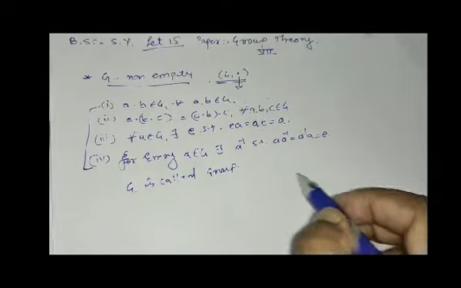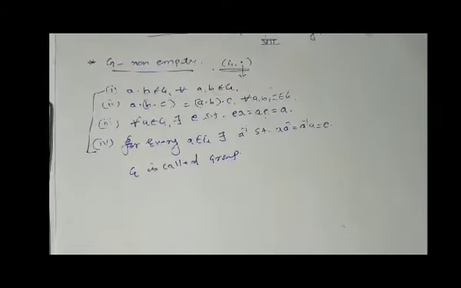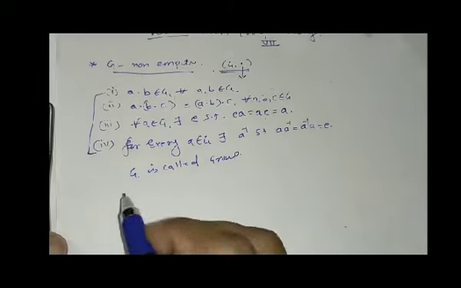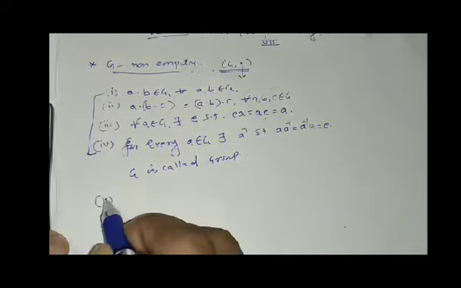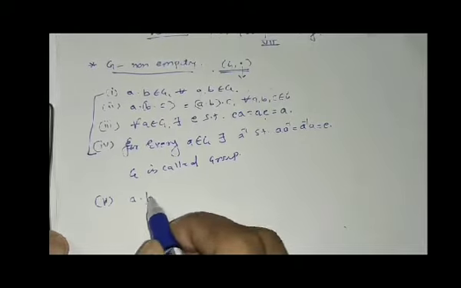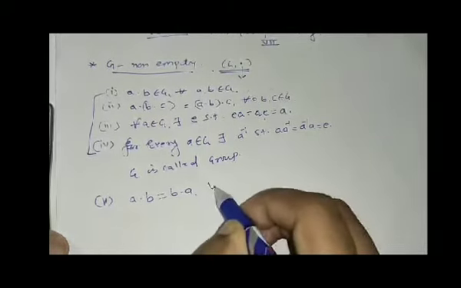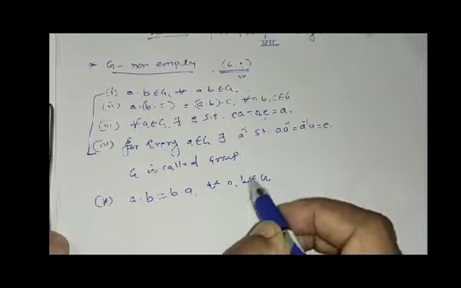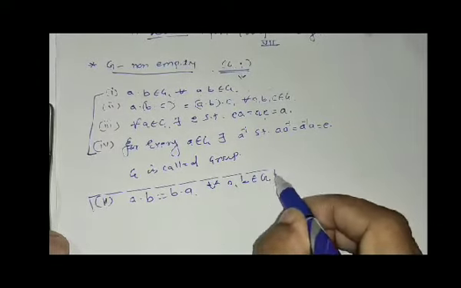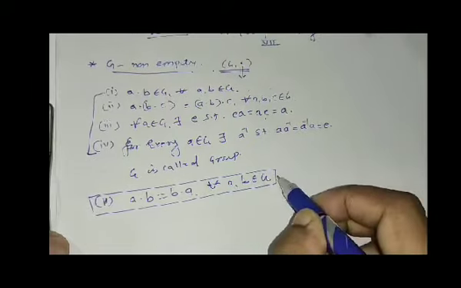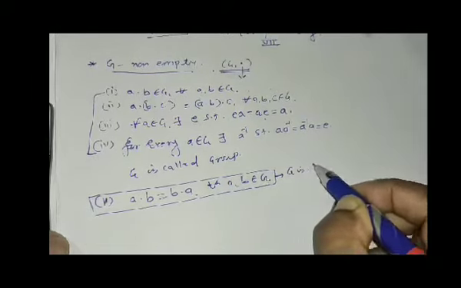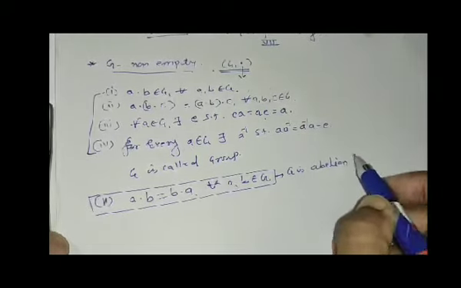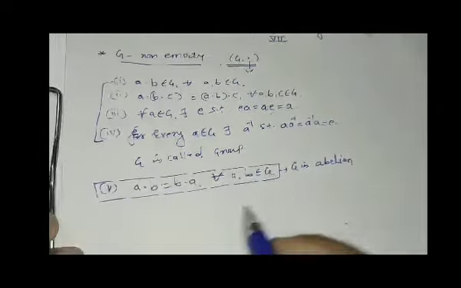This is a group, and this group G is said to be an abelian group if there is one more condition, commutativity, that means a dot b is equal to b dot a for all a, b belonging to G. If in addition this fifth property is satisfied, then that group is said to be an abelian group. We have already discussed this in the previous lecture.